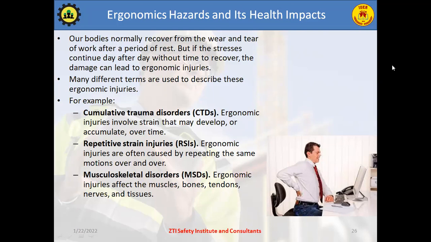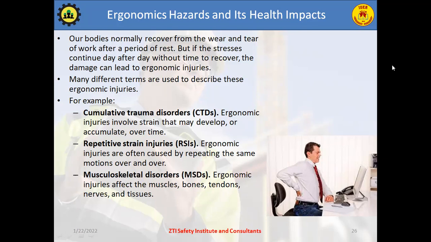Numbness of the fingers is also associated with that. Musculoskeletal disorders, or ergonomic injuries, affect the muscles, bones, tendons, nerves, and tissues. As in the picture, you can see the man sitting in a chair which does not seem very comfortable, and his back is going to be affected if he sits like this for a long period of time.